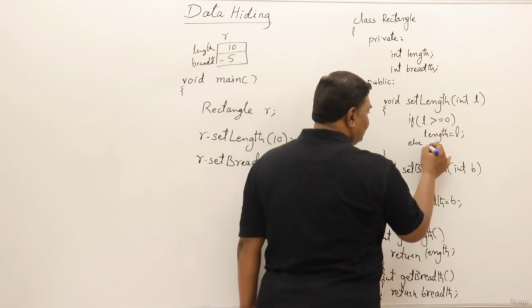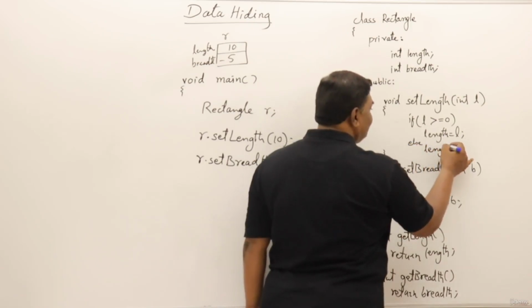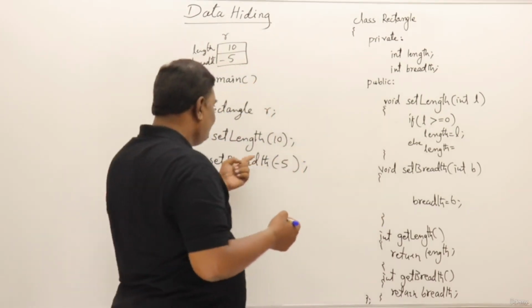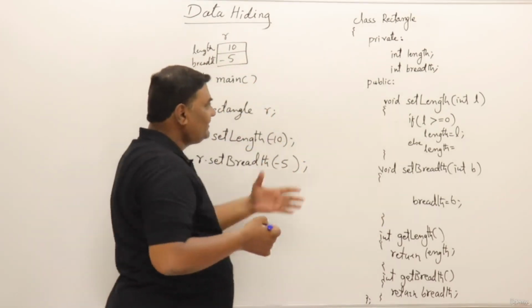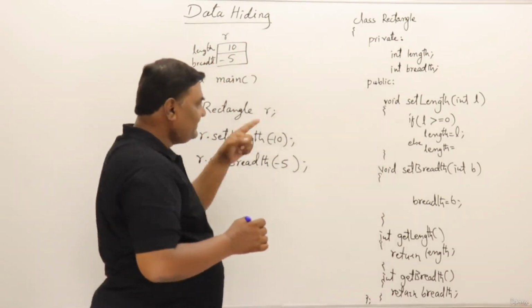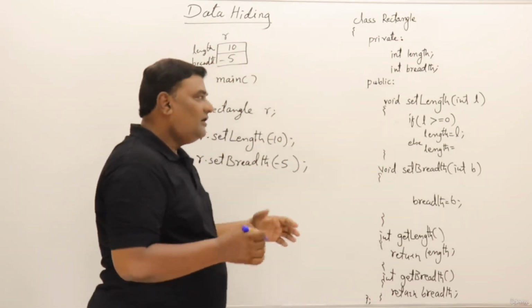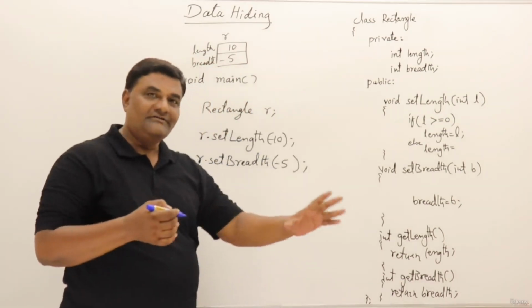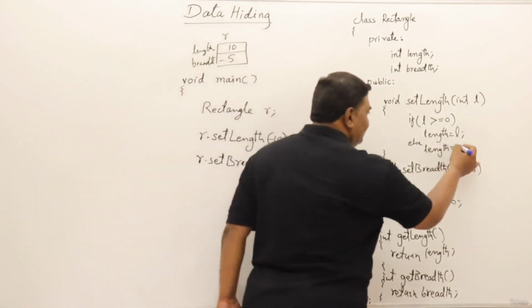Otherwise, length assign something else. Now what should we do if he is giving a wrong value? If I am sending -1, what do you think this class should do? Either it can inform the caller that the value given is wrong, or it can give some valid default value. So let us make that length 0.